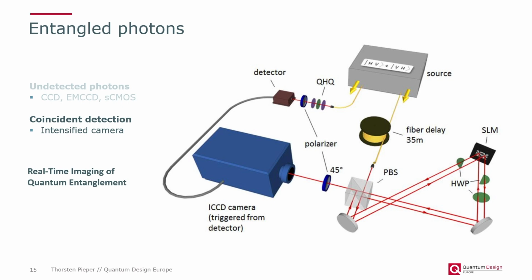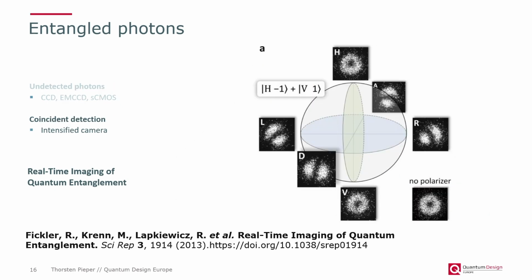This spatial information is imprinted on the second photon by using a spatial light modulator. And in this case, we have one heralding arm carrying only information about the polarization, and a second arm carrying polarization and spatial information. And using this type of setup, we can observe real-time imaging of quantum entanglement.